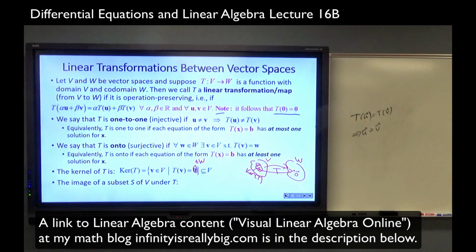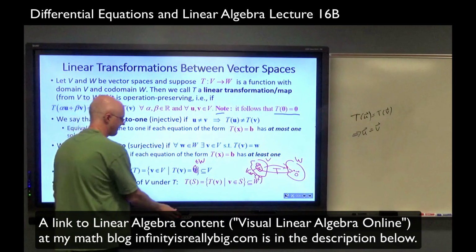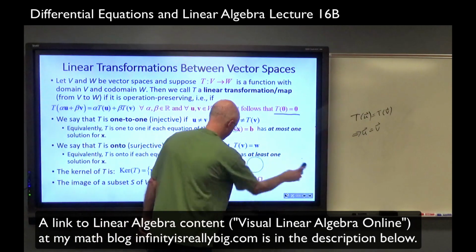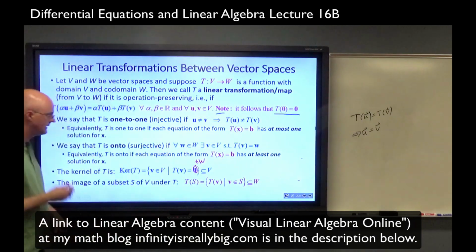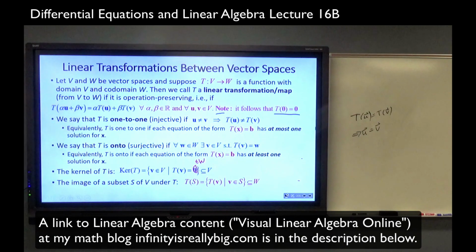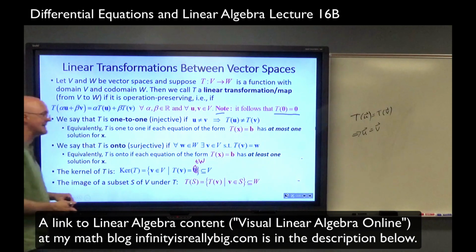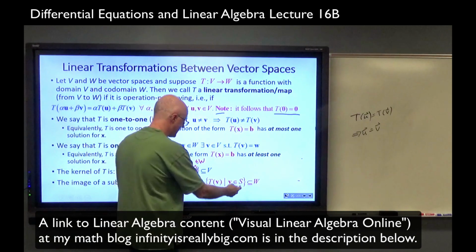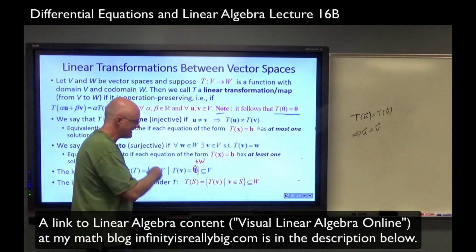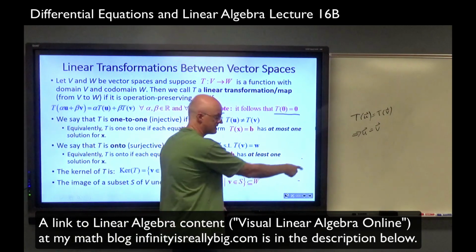The image of a subset S of V under T is defined by this equation. It's the set of all outputs T(v) as v varies over the subset S of V. Again, the picture would be helpful if you draw V here and W there.